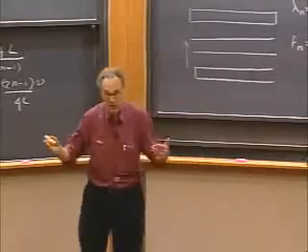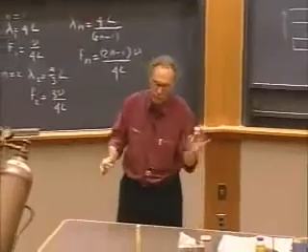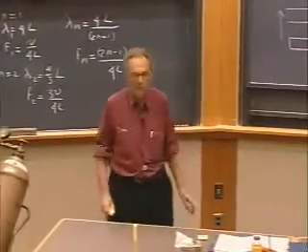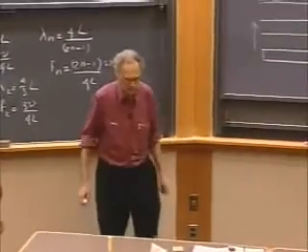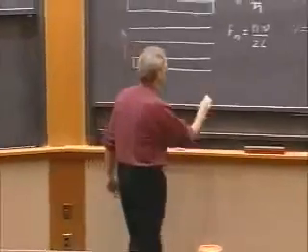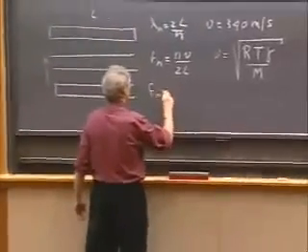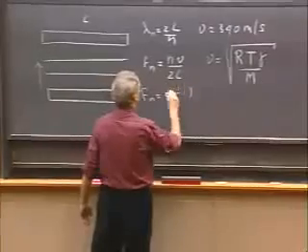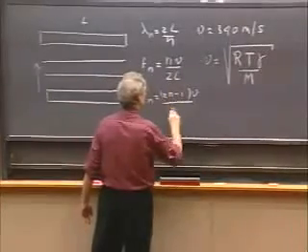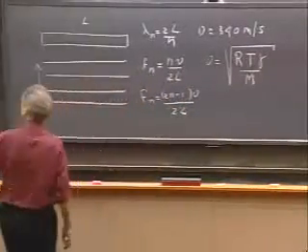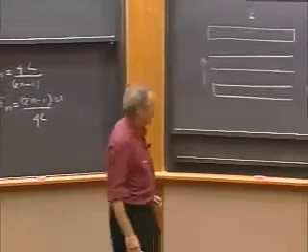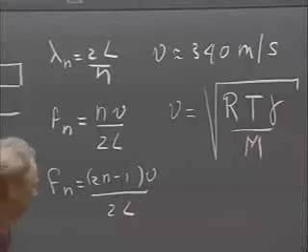There are musical instruments like that. A clarinet comes very close to being almost closed at one side and open at the other, but there are many musical instruments which are open on both sides. So then you would have here that f of n equals 2n minus 1 times v divided by 4L. So then you have indeed this case which we dismissed for string instruments.